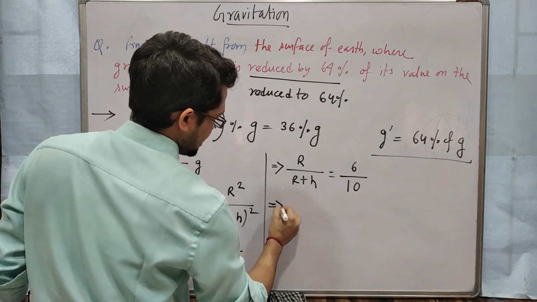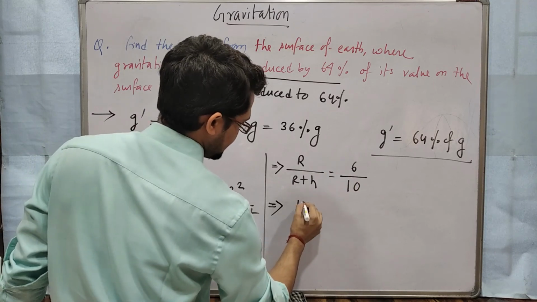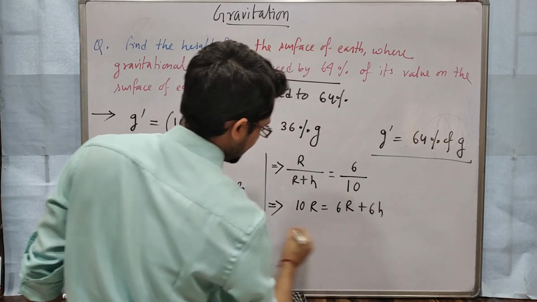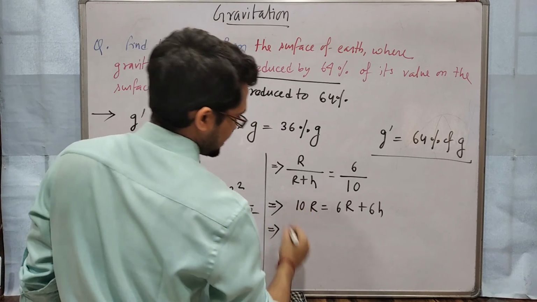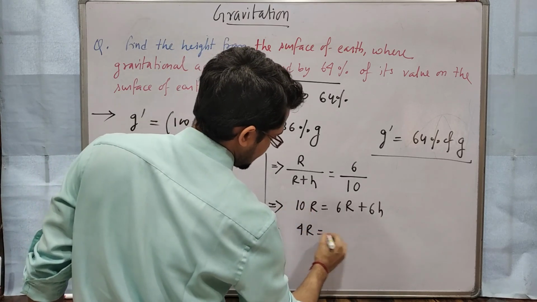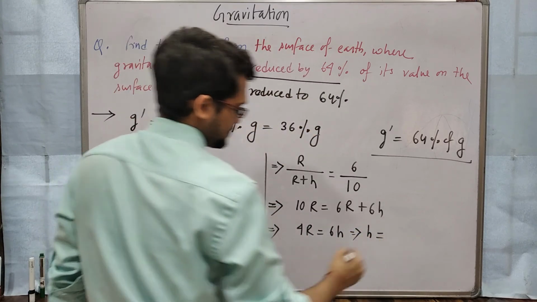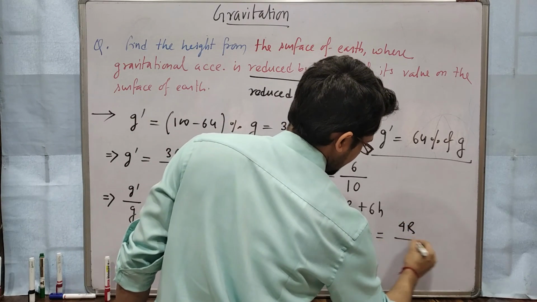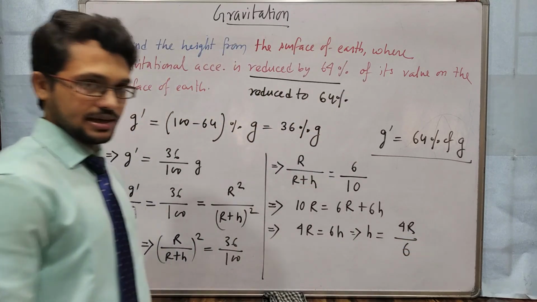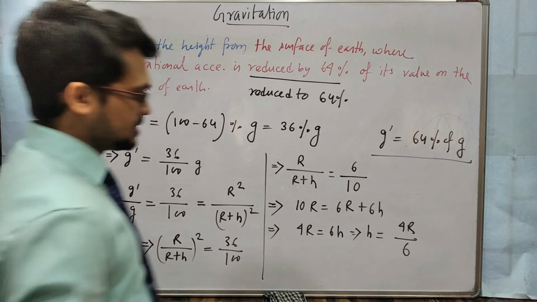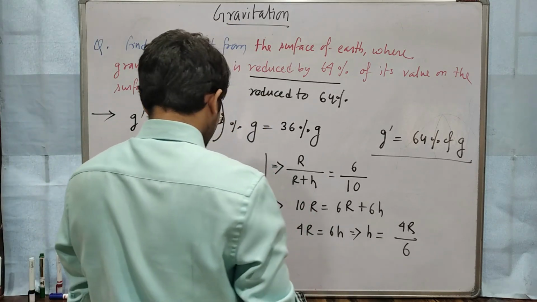Okay, now cross multiply and find h. Simple. 10R equal to 6R plus 6h. So you will get 4R equal to 6h. So you will get h equal to 4R by 6. Okay. Suppose the value of R is given 6400 kilometer. Then you will put the value here.